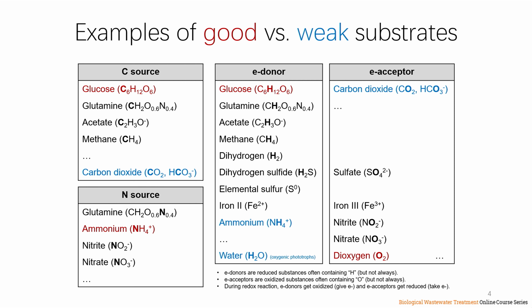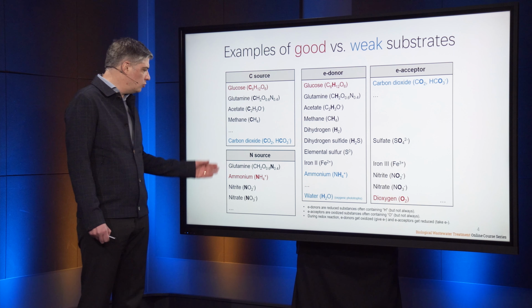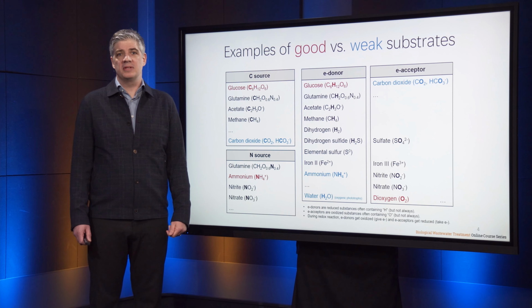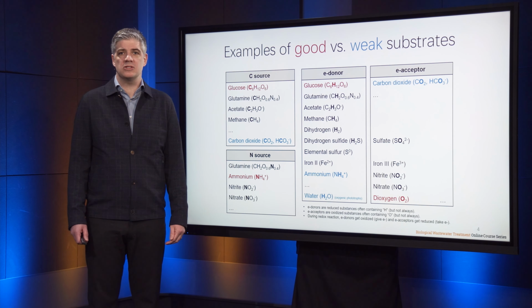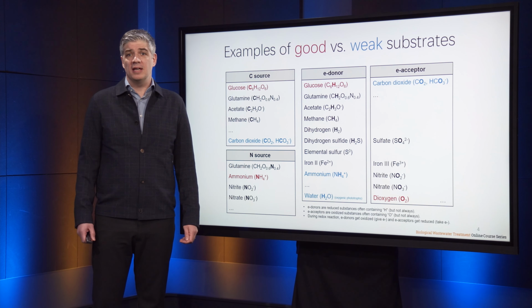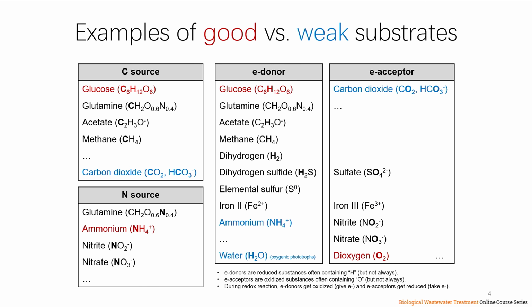Carbon dioxide or bicarbonate can be used by autotrophic microorganisms to form their biomass, but they are much more oxidized and will need more electron resources to get lifted up toward the reduction state of biomass. Therefore, the growth of autotrophs is less efficient than heterotrophs.